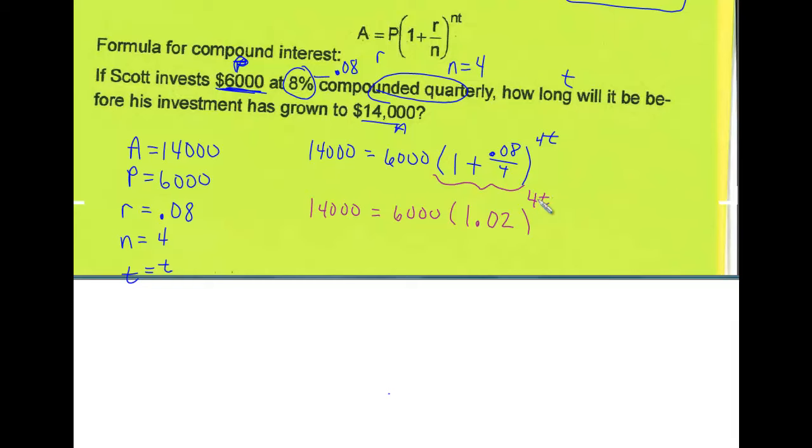PEMDAS says take care of exponents next, but I can't because I don't know what t is. So the next thing I would do would be to get rid of the multiplication division. So let's divide both sides by 6,000.